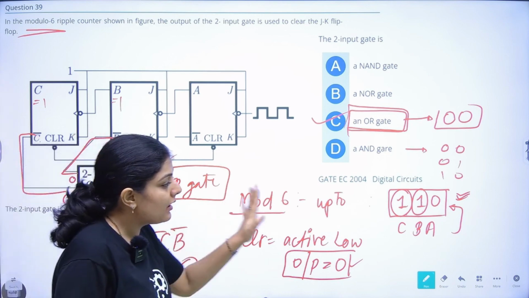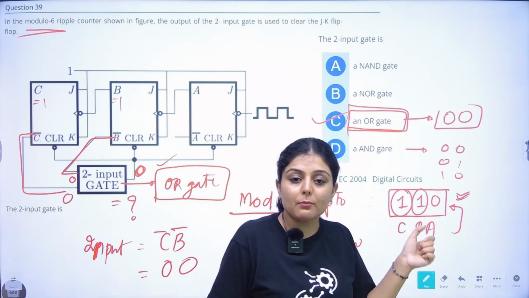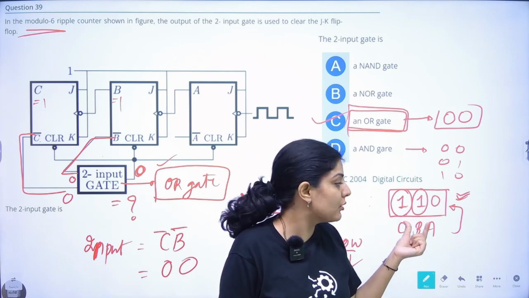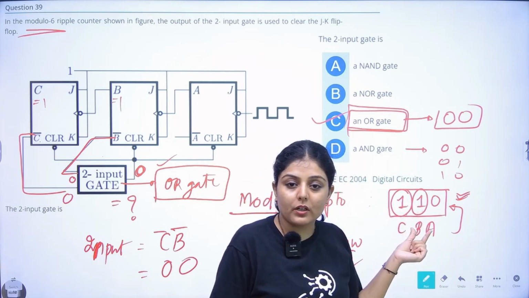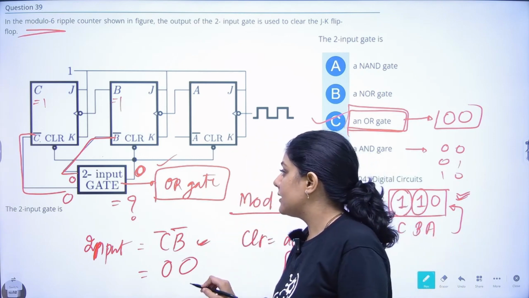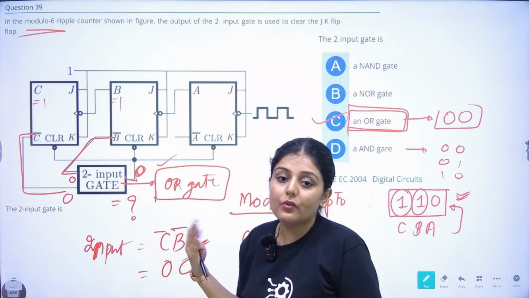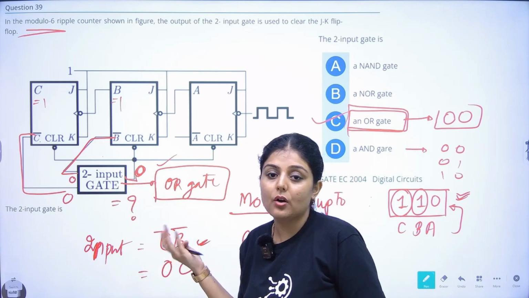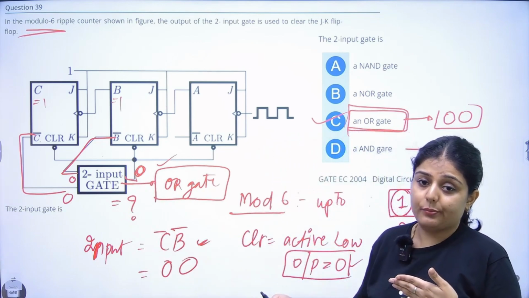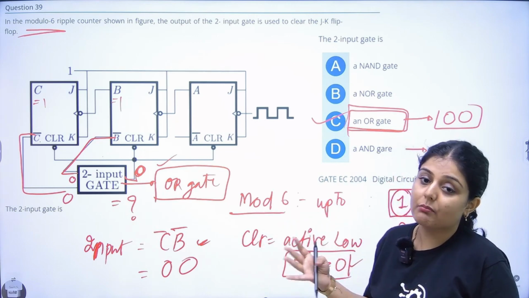The C and B values should be 1 and 1 in order to clear, so C bar and B bar should be 0 and 0. C is 1, so C bar should be 0. B is 1, so B bar should be 0. Now we know both the input and output, and we just have to decide what kind of gate provides this. Inputs 0 and 0 with output 0 is given by an OR gate.